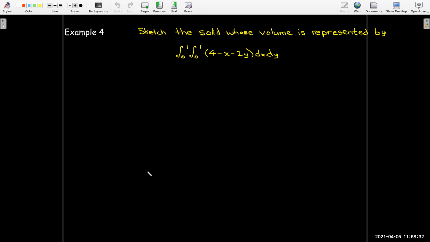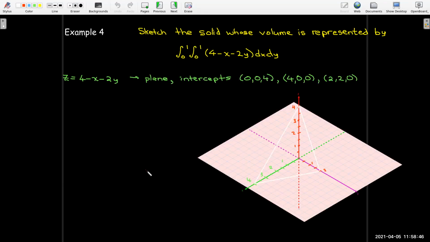Well, let's look at the integrand, z equals 4 minus x minus 2y. At this point in our journey through Calculus 3, we should recognize that that's the equation of a plane. And we can sketch the plane, or at least the form of the plane, by using its intercepts.